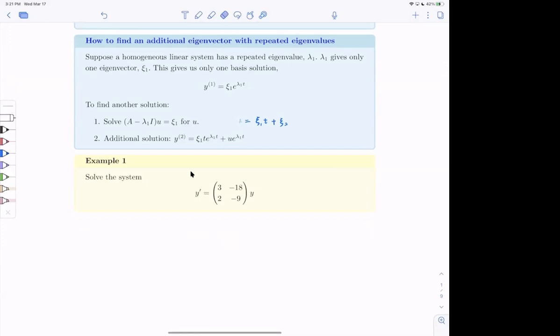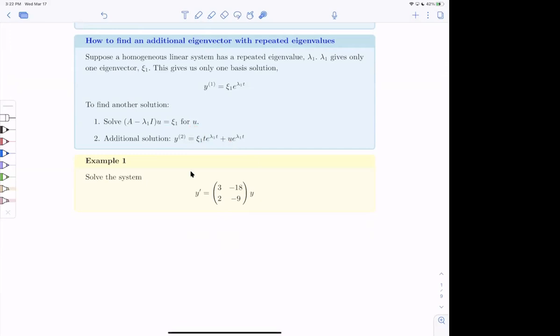Actually, this looks ugly, don't use this. Just use this formula because it's making it more confusing. So the second solution is going to be the first eigenvector times t times e to the lambda 1 t, plus u, whatever you found from here, times e to the lambda 1 t.